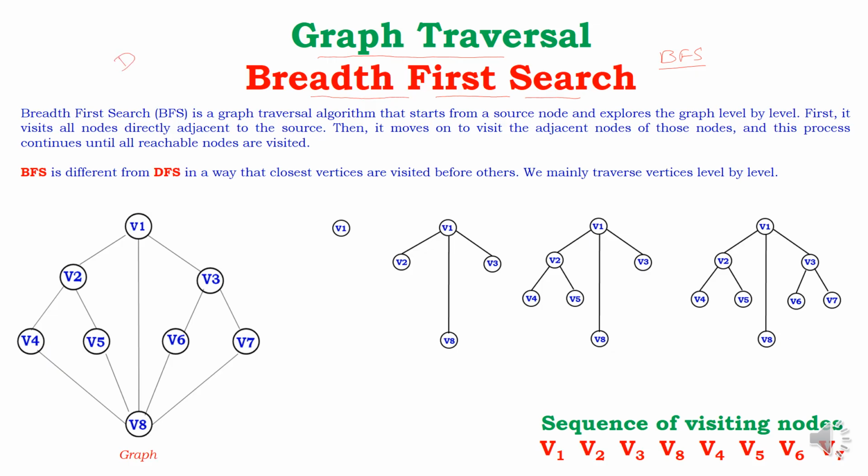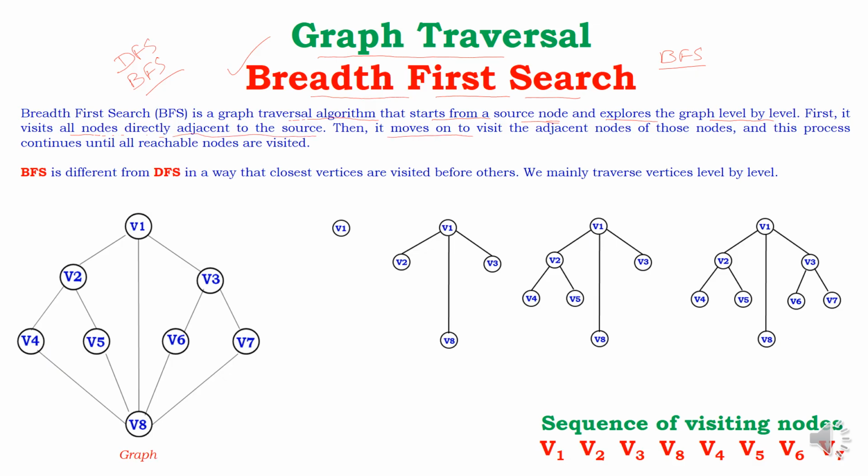One is depth first search, the other is breadth first search. Now we are going to discuss breadth first search. Breadth first search is a graph traversal algorithm that starts from a source node and explores the graph level by level. First, it visits all the nodes directly adjacent to the source.